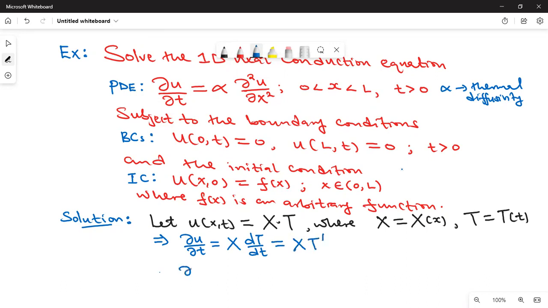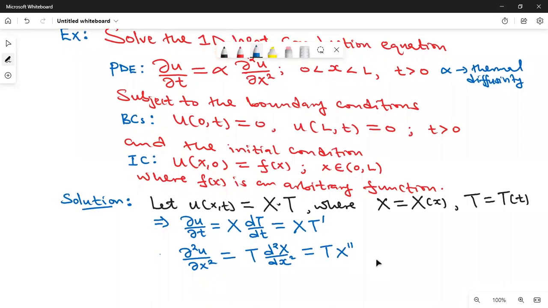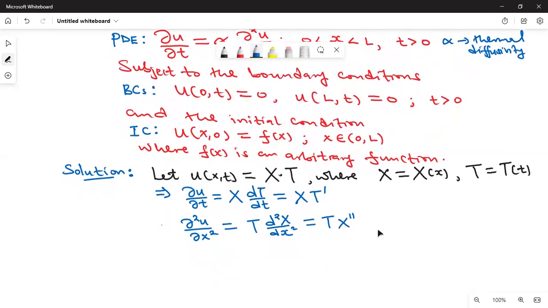Also, the second derivative of u with respect to x twice, you keep T constant and differentiate X twice, d squared X dx squared. So this you can also write as T times X double prime. Remember, the prime in the partial u partial t is the derivative with respect to t, and the double prime is the derivative with respect to x twice.